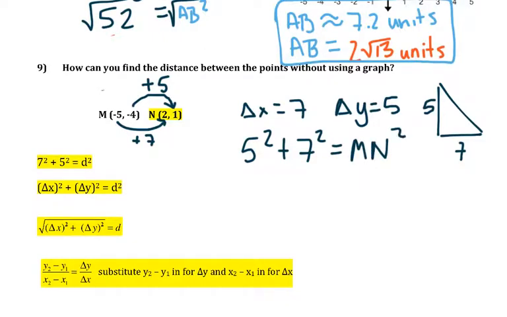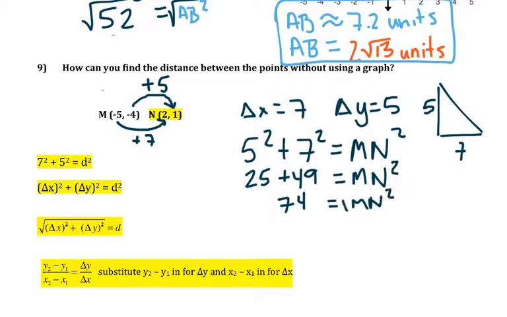Now again, I replace the c in our Pythagorean Theorem equation with MN squared. So 5 squared is 25, 7 squared is 49, and then we're going to have that be equal to MN squared. Add those together, and we get 74 is equal to MN squared.